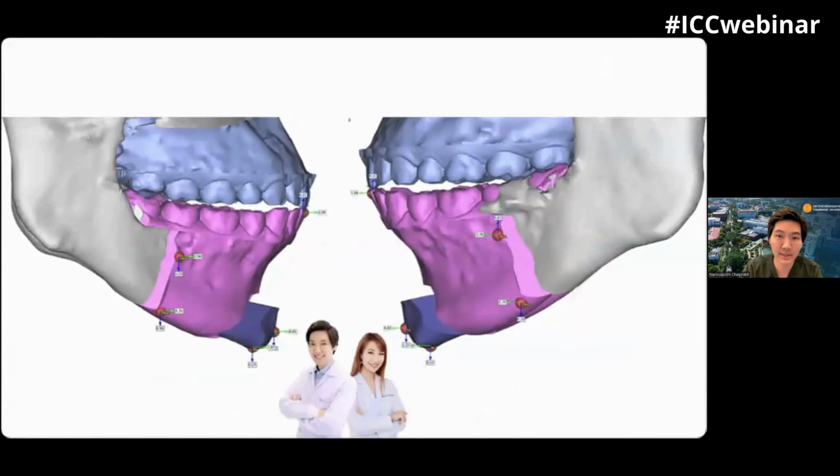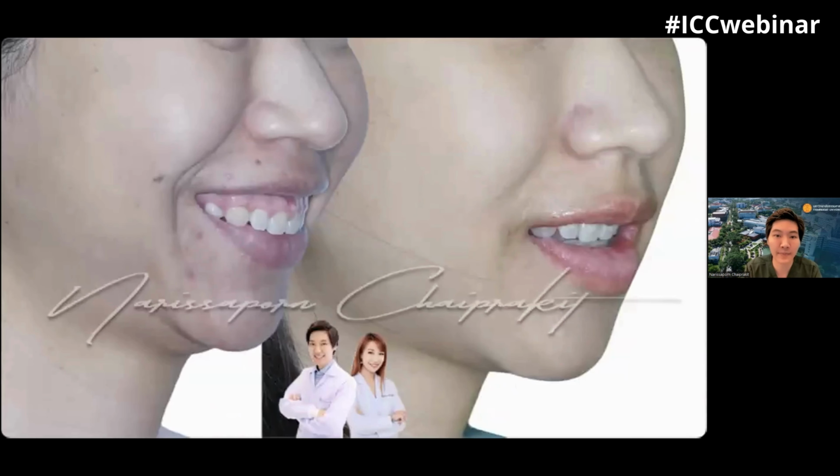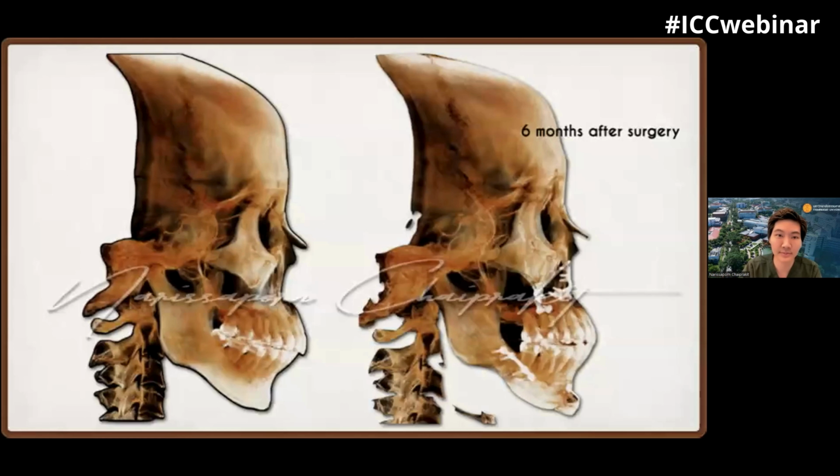This is the planning. This also emphasizes that NM-LowZ can be applied for mandibular advancement and counterclockwise MMC. And this is the 6-month post-operative CBCT.